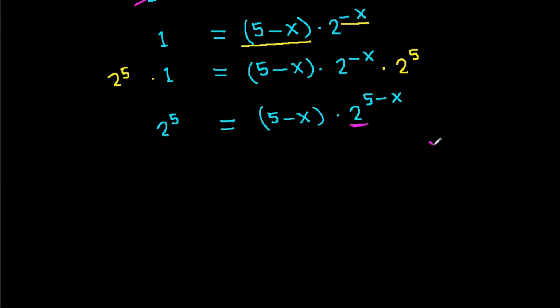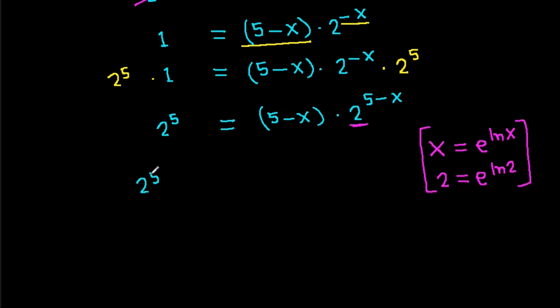So we know that any number x is e^(ln x). So 2 will be e^(ln 2). So 2^5 is equal to (5 minus x) times (e^(ln 2))^(5-x).